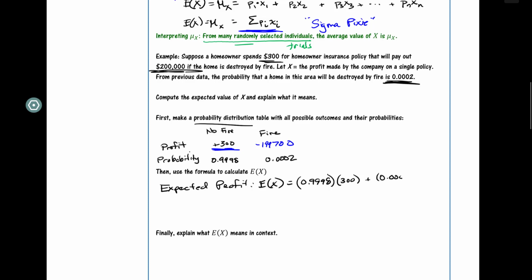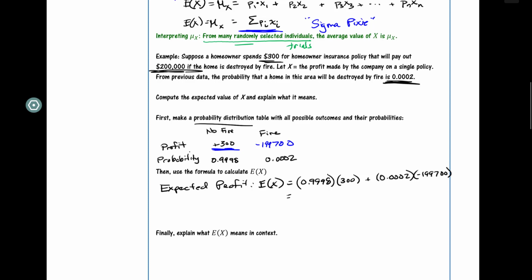So the other outcome we have was 0.0002 multiplied by that losing $199,700. The negative sign is very, very important there because that's showing you are losing money, right? You're losing money on 0.0002 of these policies.